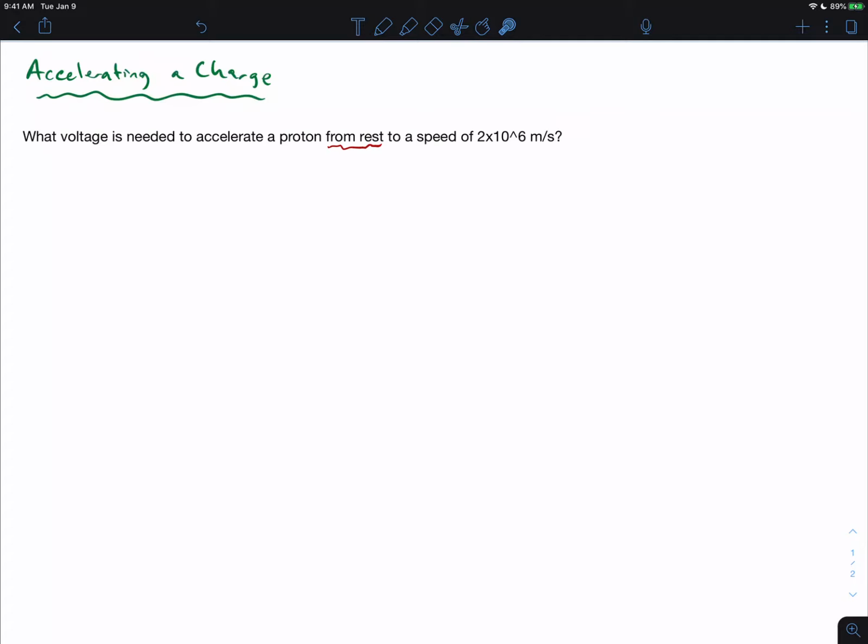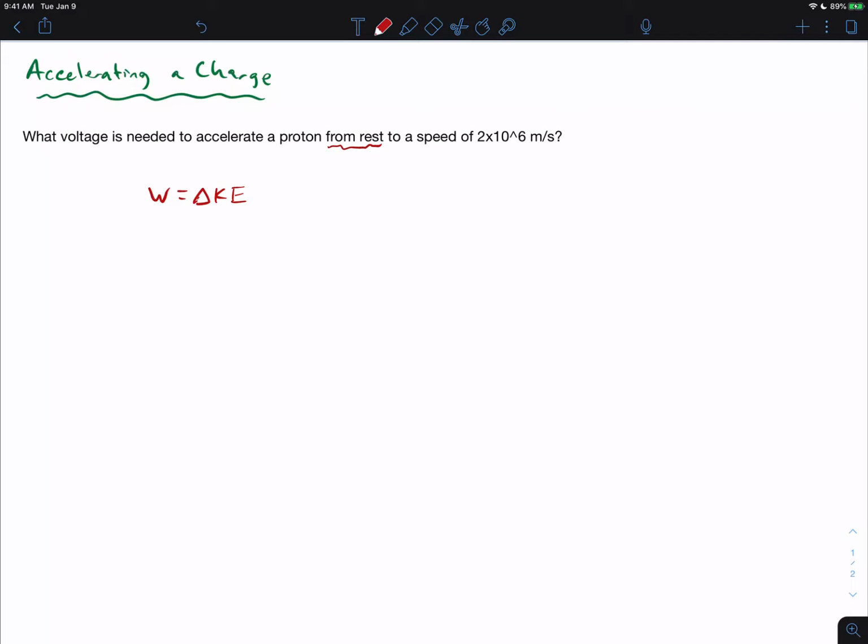Okay, so this part here is purely from Physics 1, and what we're going to do is define the work that we need to do in order to speed something up, right? The work that we do changes the kinetic energy of whatever we perform work on.